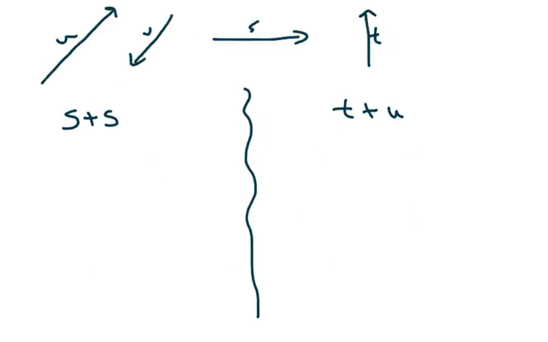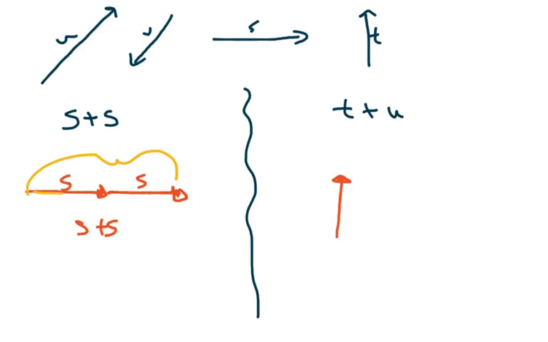The next one is S plus S. Here is your S. Then from the tip you draw the tail of the second S. There's S, here's S, and this is S plus S. Now T plus U. I'm going to draw T. From the tip of the T, I draw U, a little longer here.